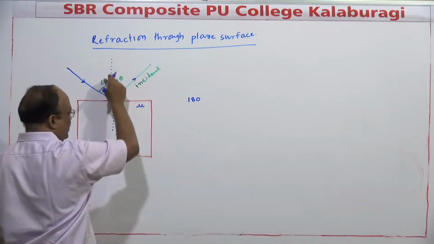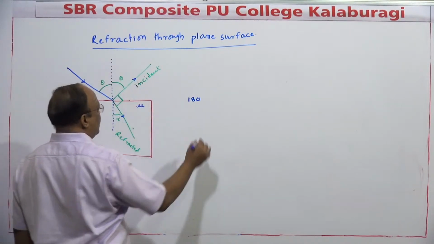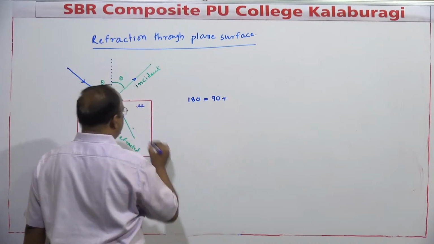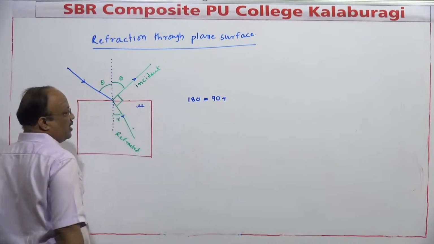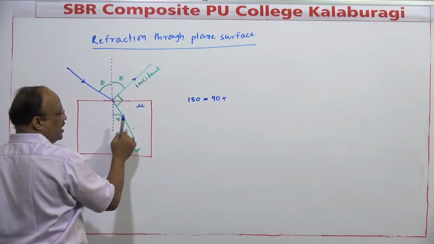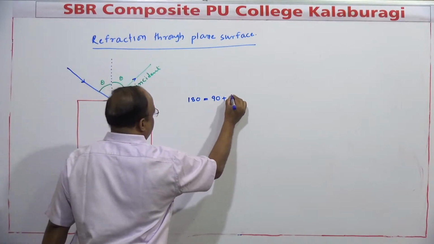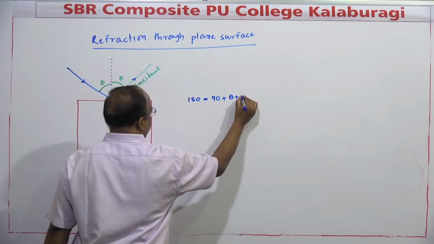This line is 180, which is equal to 90 plus theta plus this r. This is 90, they have mentioned that incident ray and refracted ray are 90 degrees to one another.